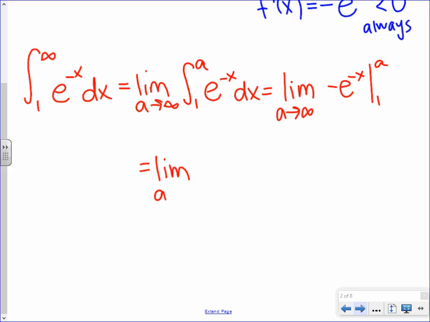So we have the limit as a approaches infinity of negative, I'm just going to write this as 1 over e to the a. Is that okay? Instead of e to the negative a. And then minus a negative e to the negative first. I like writing them as fractions so we can evaluate the limit easier, since that's something we have to do. Okay. Towards infinity, what happens to negative 1 over e to the a?